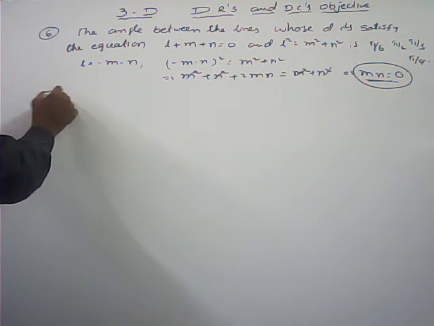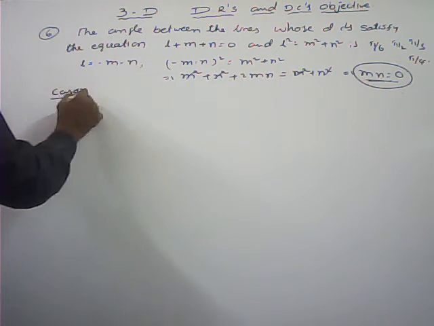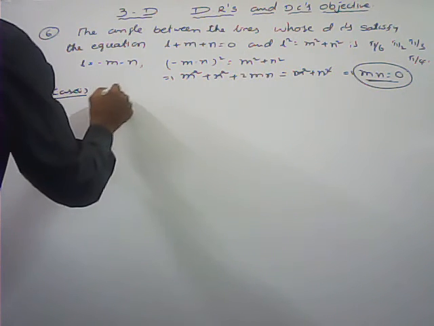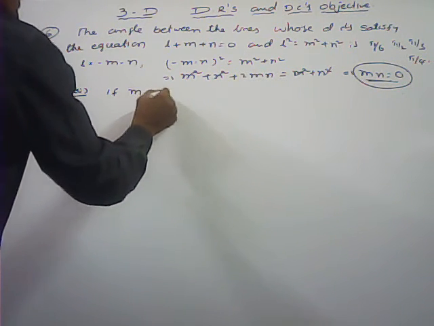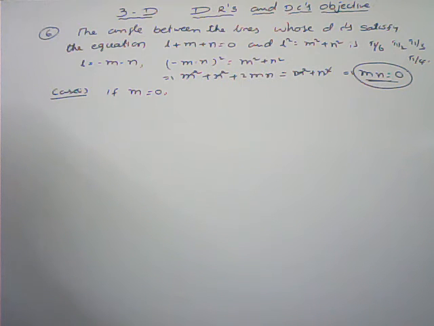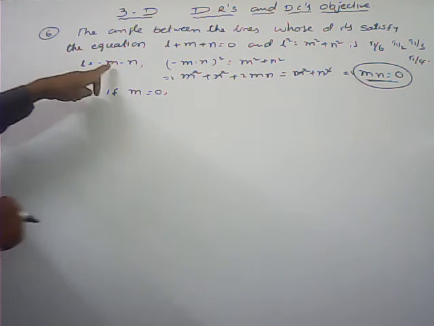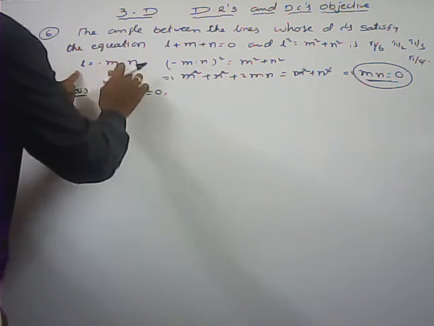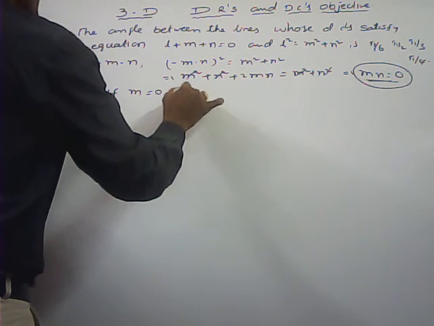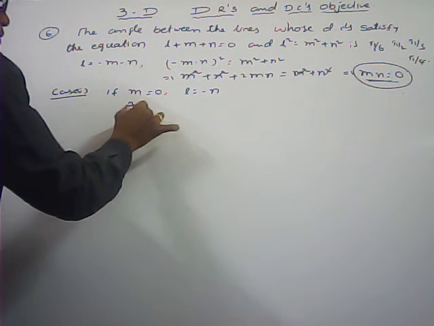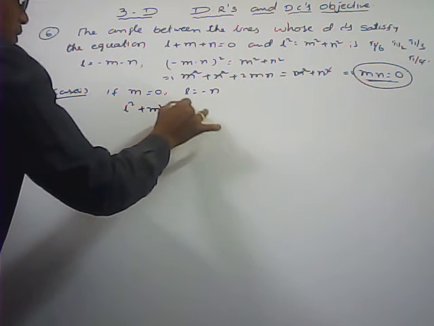Now case 1. I am taking M is equal to 0, and N is not equal to 0. If M is equal to 0, we get the relation between L and N: L is equal to minus N. Now in that case we have to use the condition L square plus M square plus N square is equal to 1.